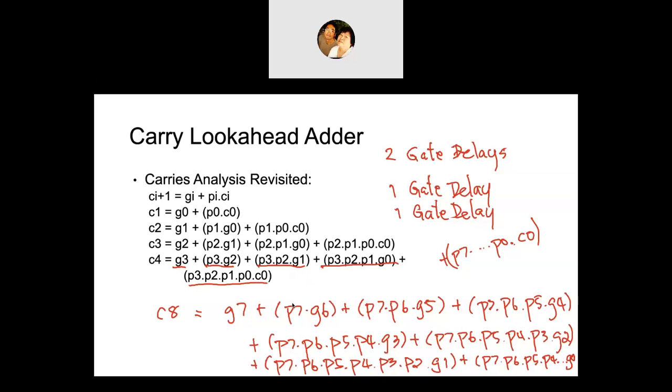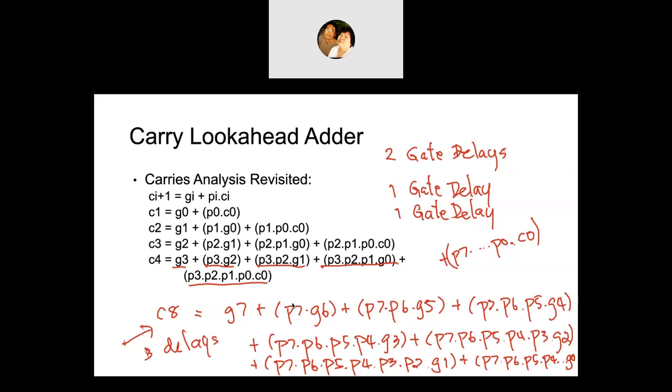So P and G can work in parallel, so we don't have to add 1 and 1, because these gate delays run at the same time. So in total, we need only 3 gate delays for this kind of equation. If you have C4 like this, we use only 3 gate delays.